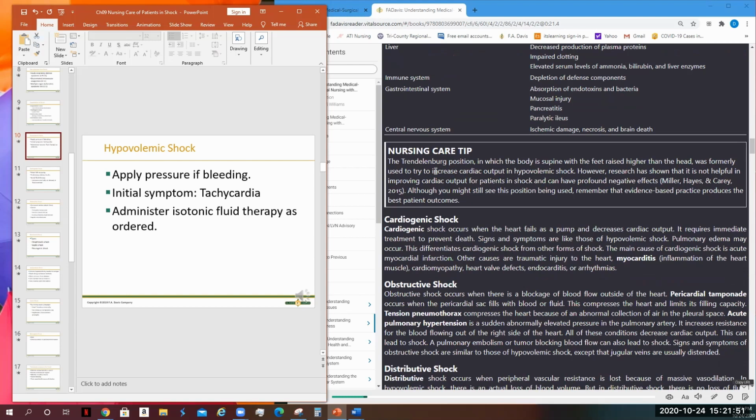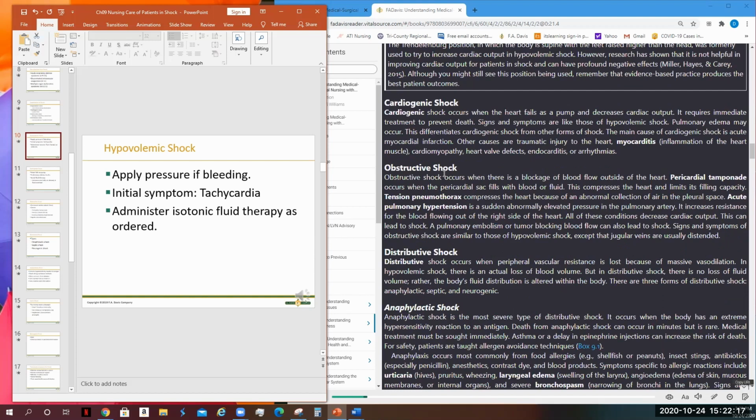However, research has shown that it is not helpful in improving cardiac output for patients in shock and can have profound negative effects. Although you might still see this position being used, remember that evidence-based practice produces the best patient outcomes, and we know that this is typically not the best thing to do for patients in shock.